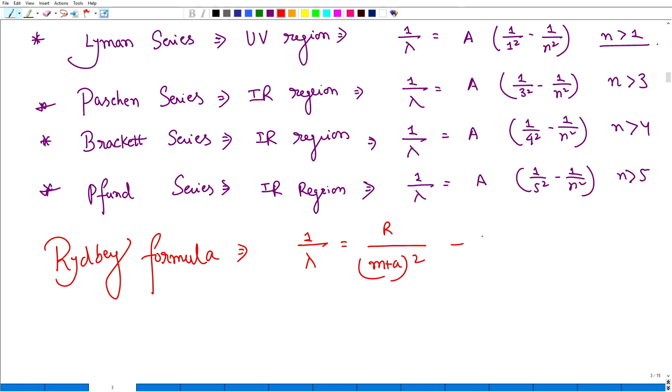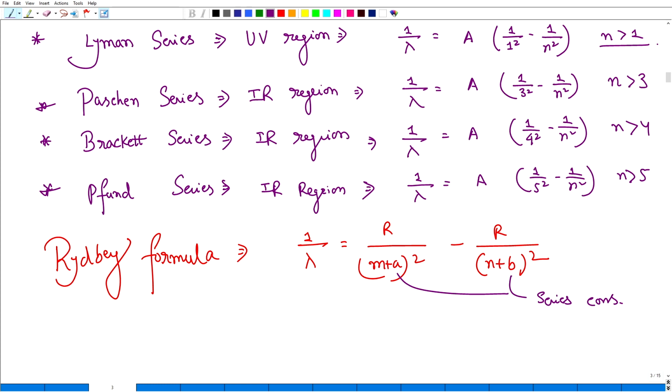This is the general form, where R is the constant, the same as A, and lambda is the same. Now what are the other symbols? A and B are the characteristic constants for a particular series, so they are series constants.